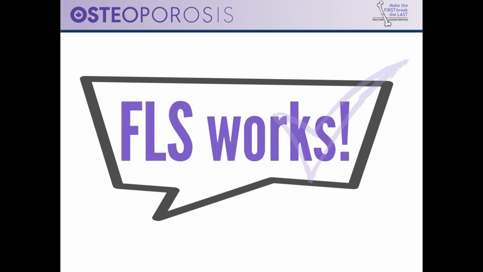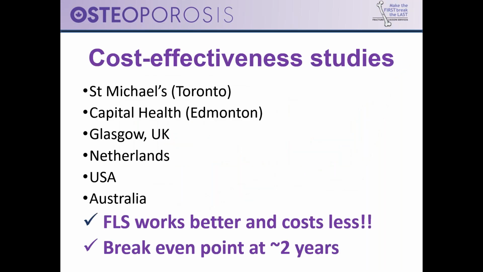So, what does it do in terms of cost effectiveness? Well, there have been numerous cost effectiveness studies published of fracture liaison services. When the model is 2I or 3I, very consistently, the model is not only shown to be cost effective, it's actually shown to be cost saving to the system. So let me just explain what that means.